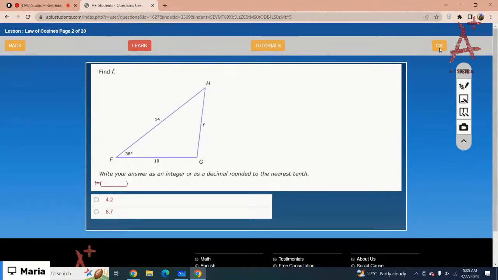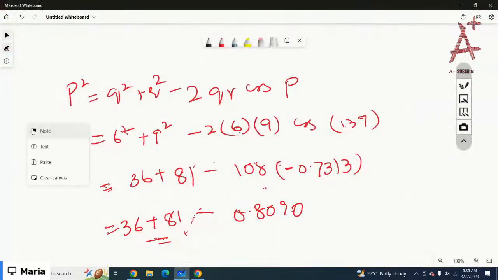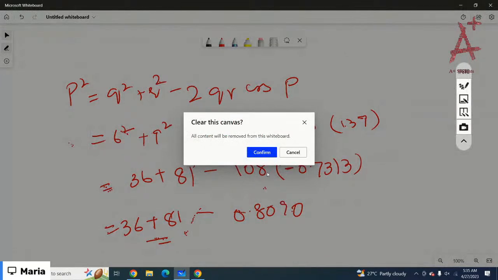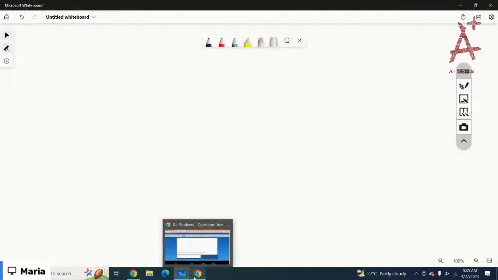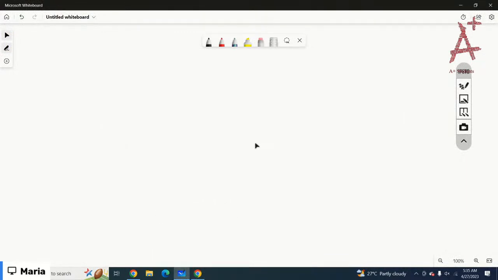Okay, let's just do the next one on the board. Okay, you have to find the f. So it would be f square equals g square plus h square minus 2gh cos of angle f.